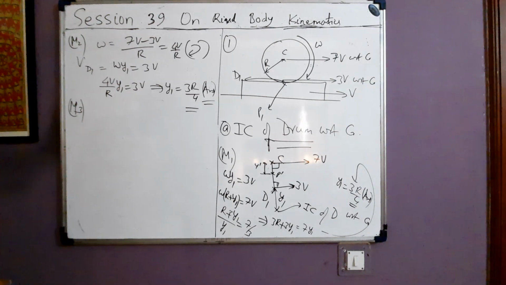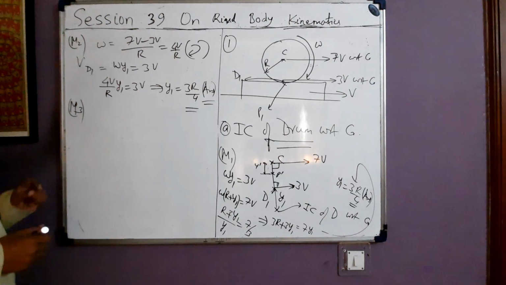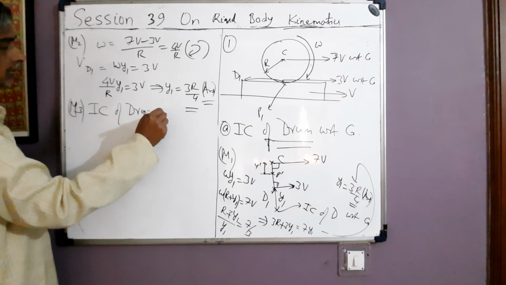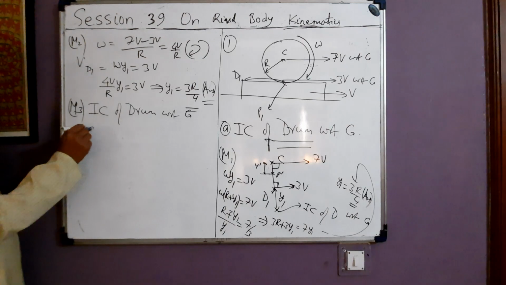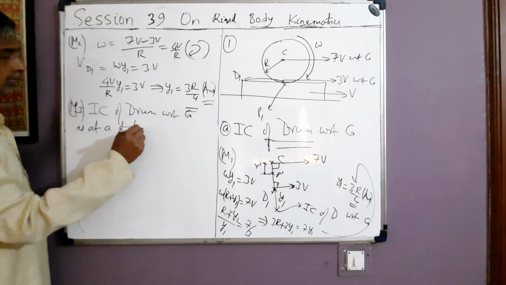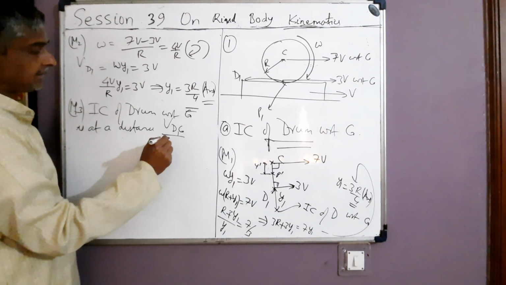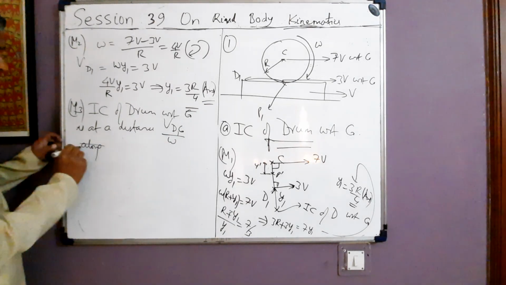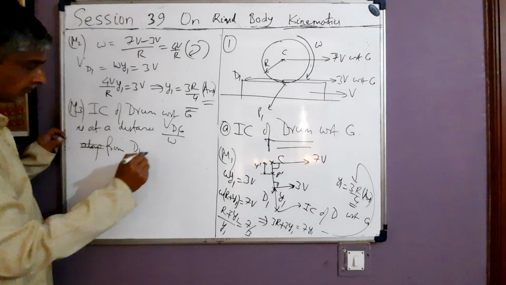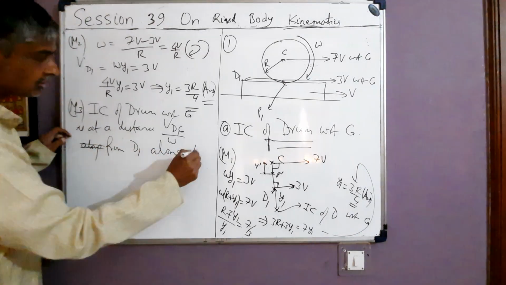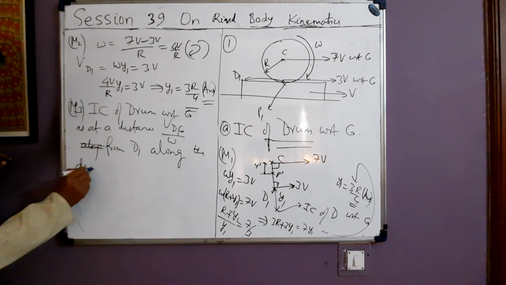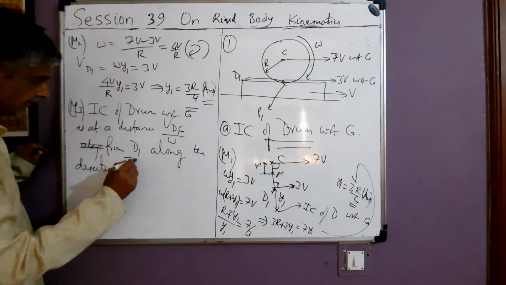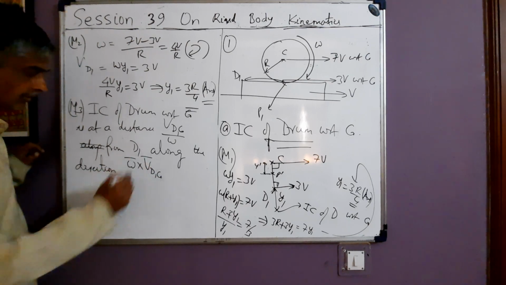The IC of the drum with respect to ground is at a distance v D1g by omega from D1, along the direction omega cross v D1g.